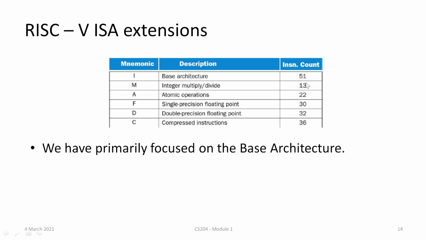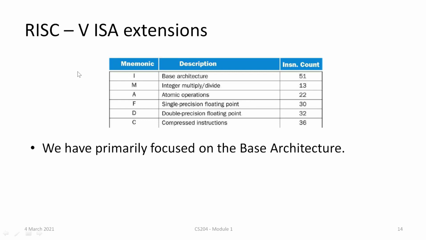So here we have the instruction counts in each of these extensions. The base architecture has 51. To that, the RISC-V M extension has 13 additional instructions which are specifically for multiply and divide. And then we have the RISC-V A extension which is dealing with atomic operations, and so on for floating point and compressed instructions.